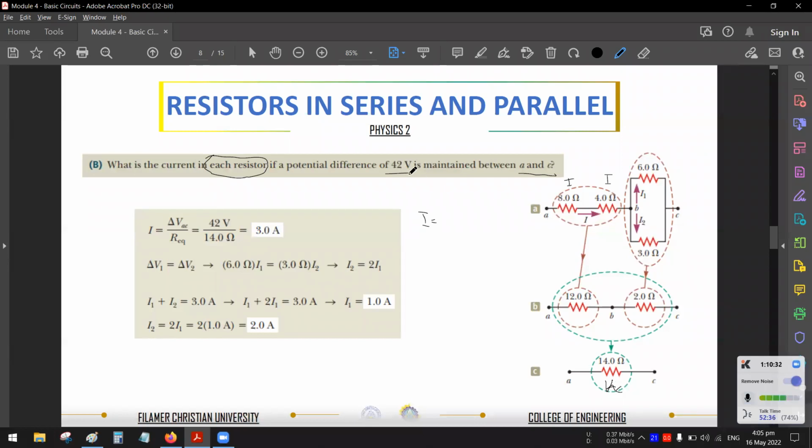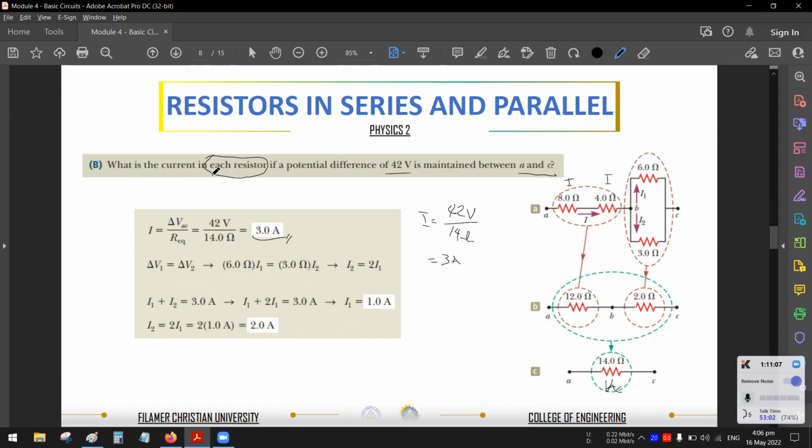Na given naman, that is 42 volts over your equivalent resistance, that is 14 ohms. Okay? So therefore, yung current mo is 3 amps. Okay? So you have 3 amps, 3 ampere. Okay? So meaning, ito yung total current mo sa buong circuit.